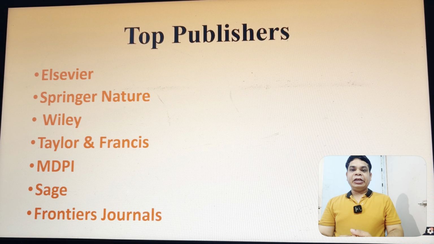So if your study is connected with the SDGs, definitely Springer Nature journals will also accept your paper. So these are top world class Q1 category publishers. Similarly, Wiley, Taylor and Francis, what we are calling the Routledge publication house, MDPI and Frontiers. Frontiers journals also publish mostly environmental studies and studies aligned with the sustainable development goals.